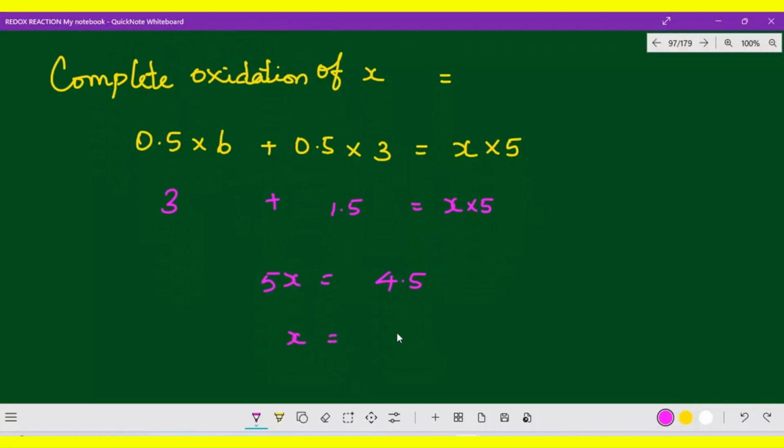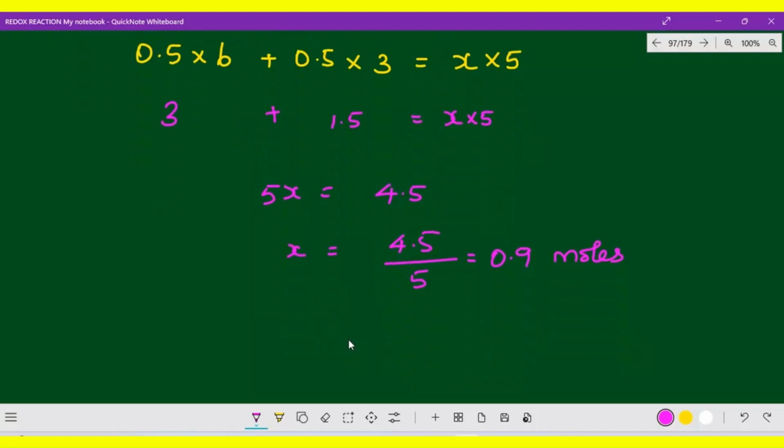Now X equal to 4.5 divided by 5. So you will get how much? 0.9. So 0.9 is the moles of KMnO4.